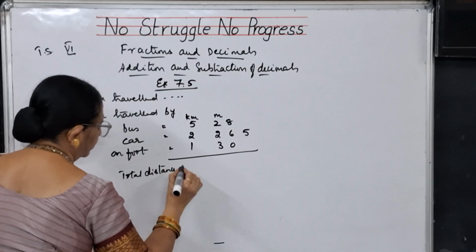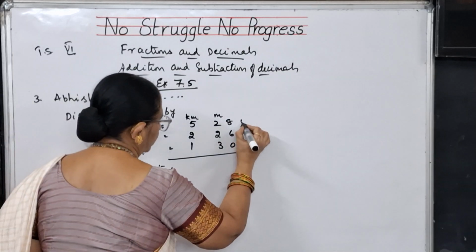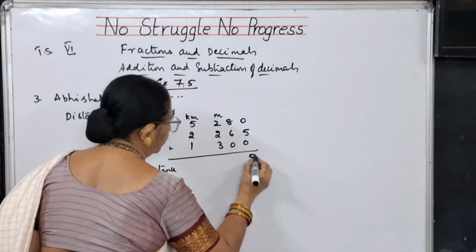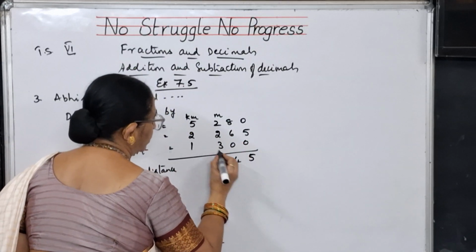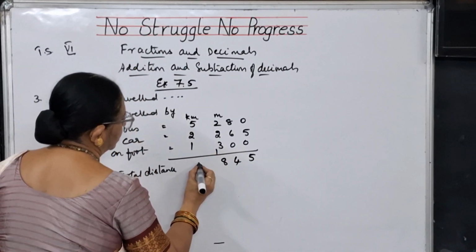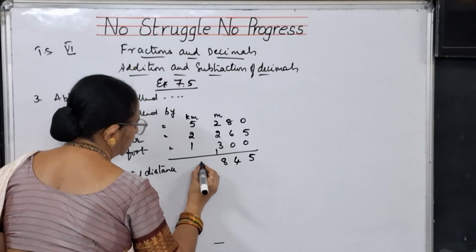So total distance traveled. How much? So here 0 you can keep. Here 0 you can keep. So here 5, here 14. Here 3, 4, 6, 8. And here 3, 5, 7, 8.